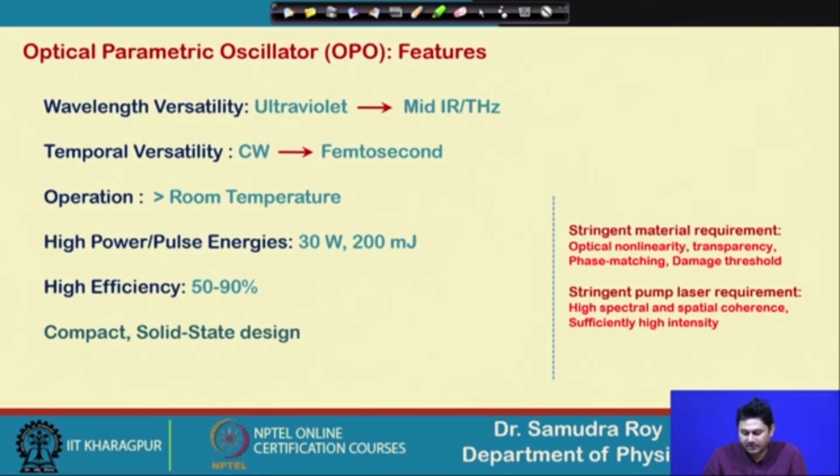High spectral and spatial coherence is required, and also sufficiently high pump energy, because in order to excite the second order nonlinearity, the second order coefficient is normally small. So, a prime consideration is that I should excite the material by external light, and this excitation should be sufficient to generate second harmonics or the second order effect. That is why the pump intensity has to be very high.